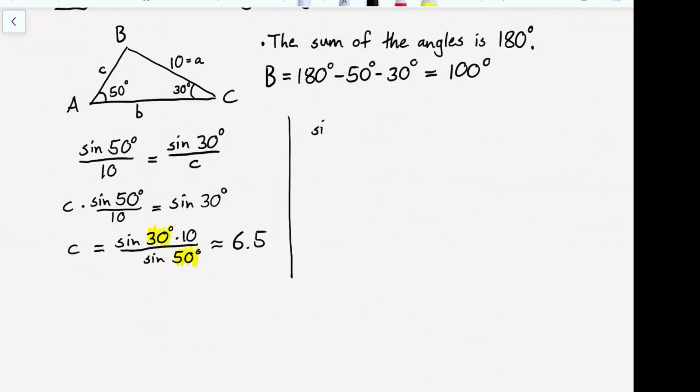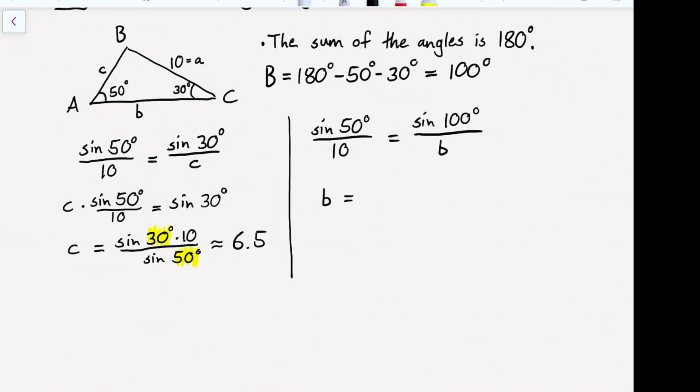Now we could set up the same kind of equation to solve for little b. So I'll go back to the pair that we started with, sine of A over a, or sine of 50 over 10, and I could say that is equal to sine of angle B, which we now know is 100, over little b.